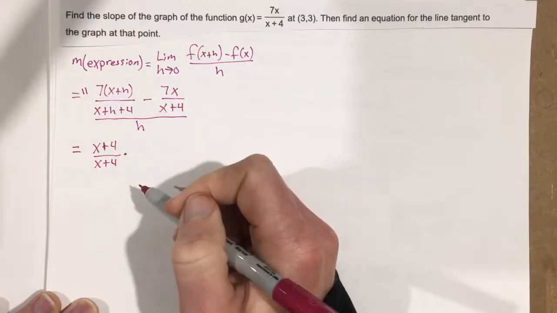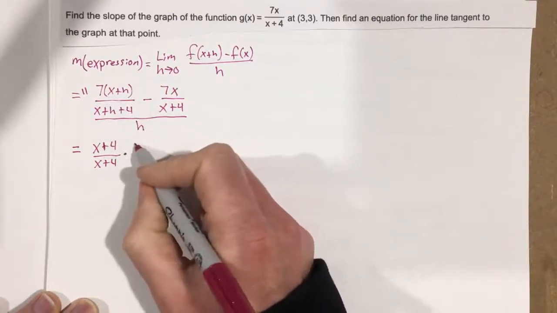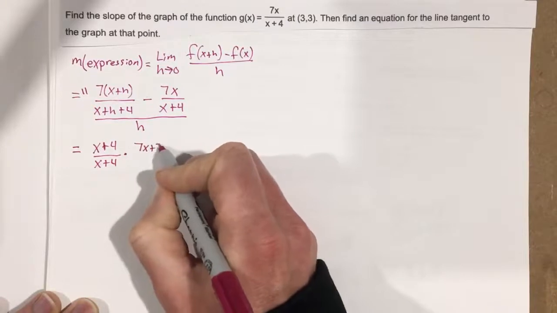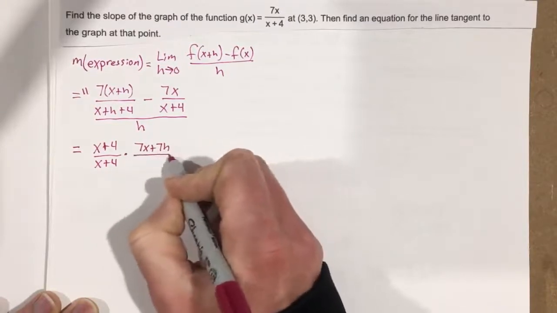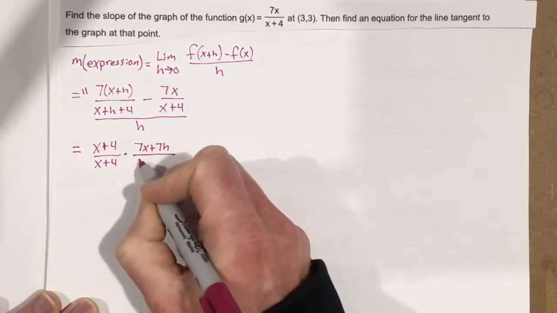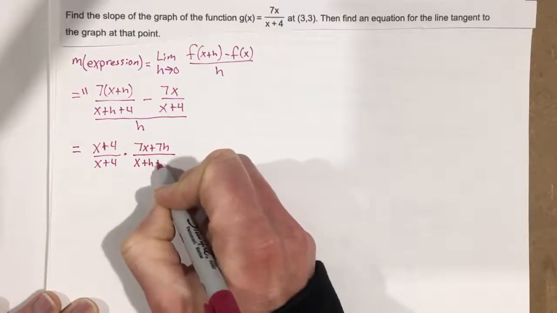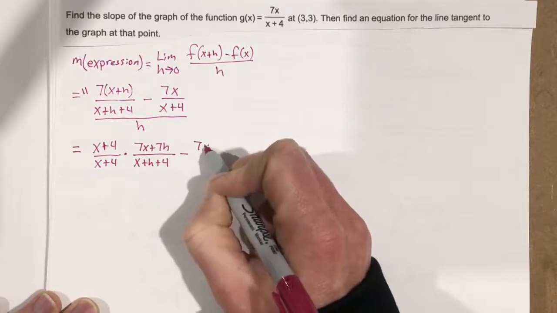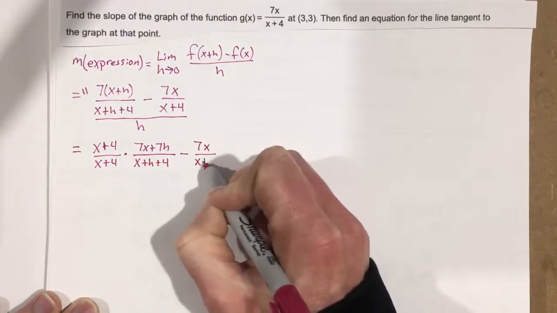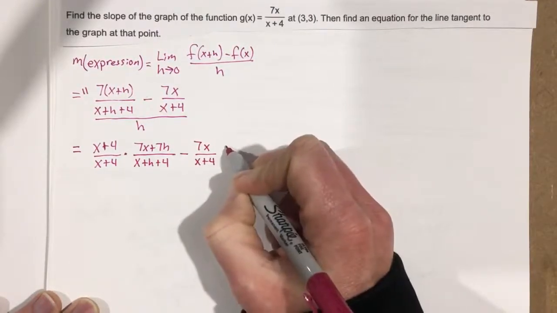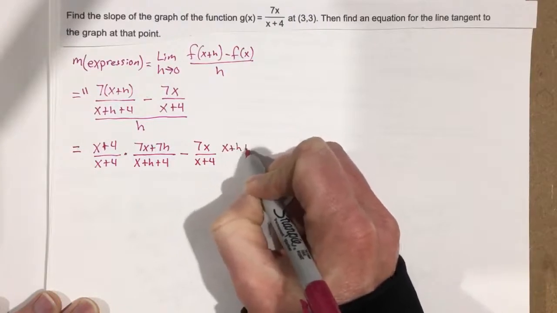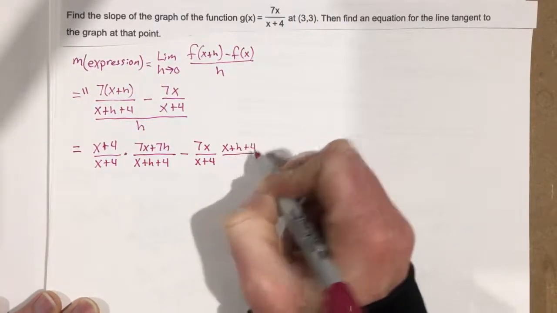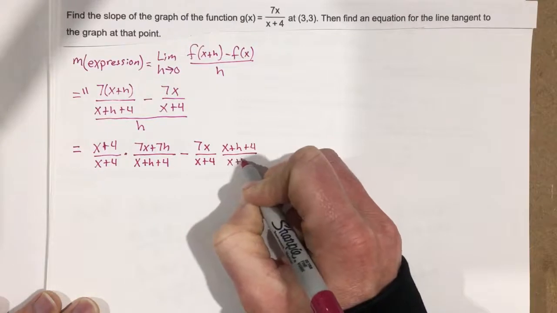I know you don't have to, but I'm going to go ahead and do it anyway. So that's 7x plus 7h over x plus h plus 4 in the bottom, minus 7x over x plus 4. And we're going to multiply this by x plus h plus 4 over x plus h plus 4.